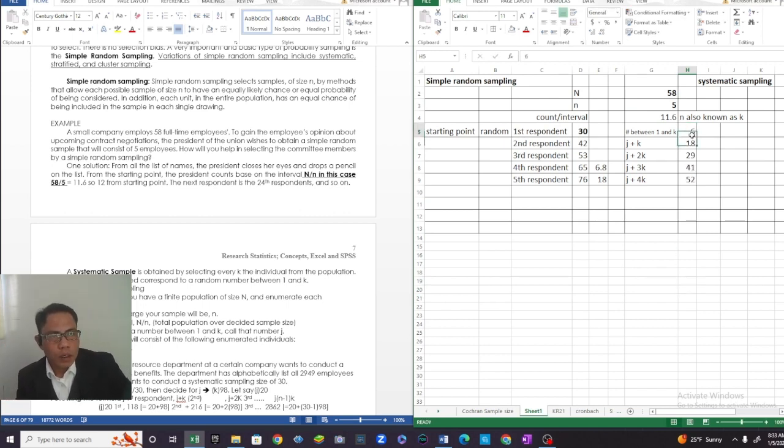So your first respondent is respondent number 6. Then you have respondent number 18, respondent number 29, 41, and 52. Since in systematic sampling you cannot go beyond 11, you will always have the proper count. You don't have to subtract it from the n like in the previous one.